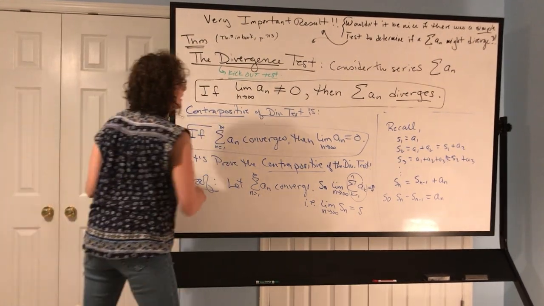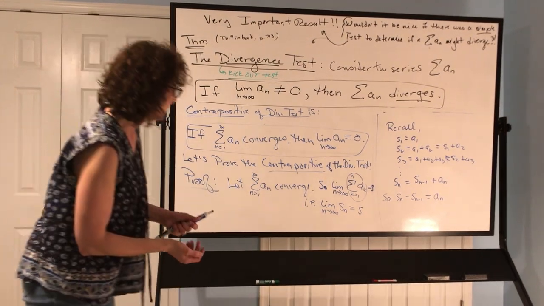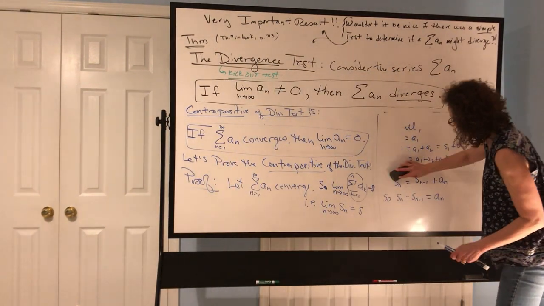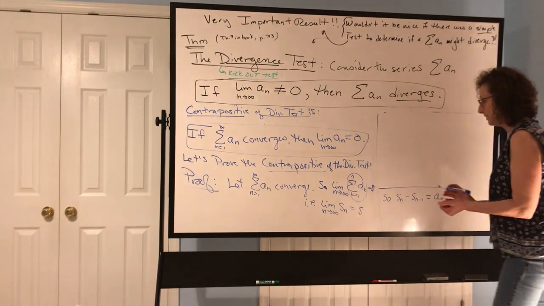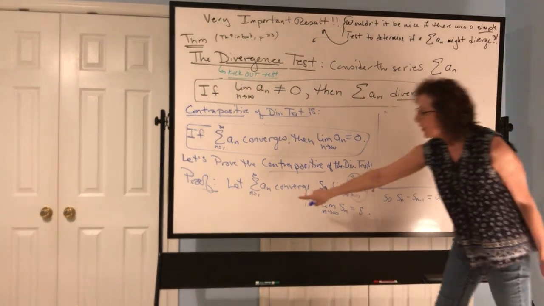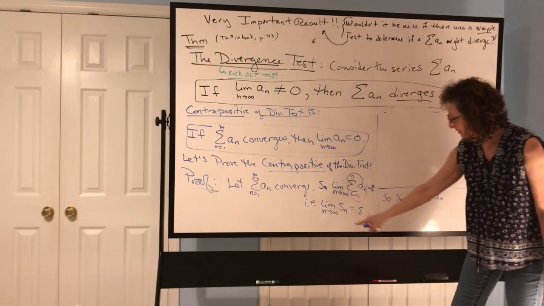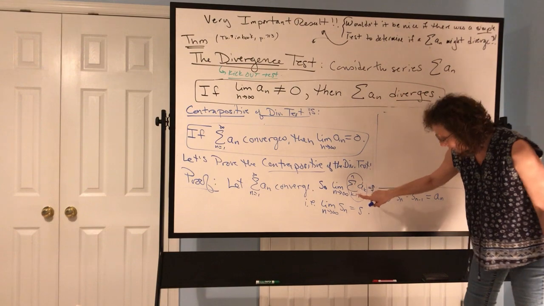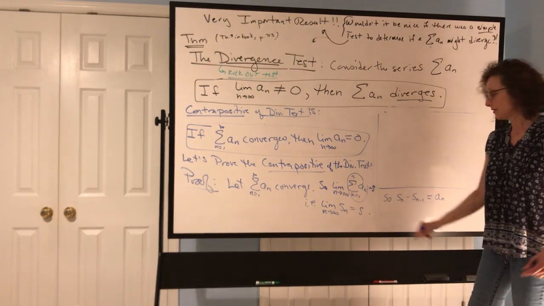Now, I wish I had a bigger board, but I'm just going to come over here and erase this piece because we've already got that part down. So this is what comes from knowing that the series converges. We know it converges, therefore it sums to some number s. What does that mean? The limit of the nth partial sum is s. That's what it means for a series to converge.